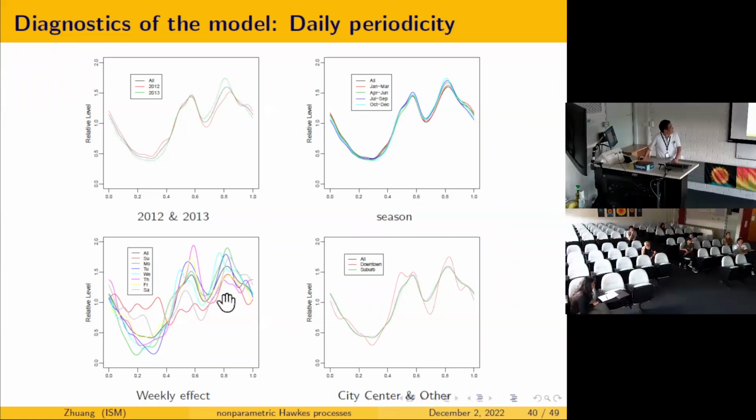And for Saturday, this green line is also not as significant as other days. The daily effect is also slightly different between downtown and the suburban areas. The downtown may have an earlier peak, another peak, maybe before lunch or something like that.